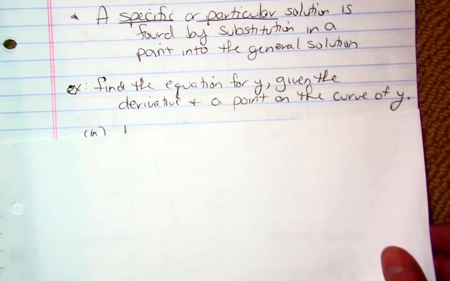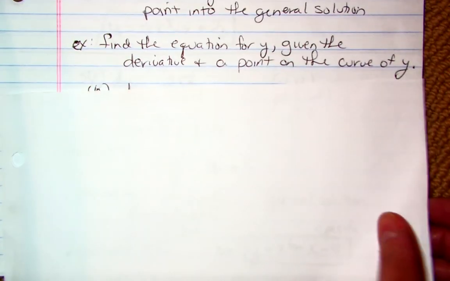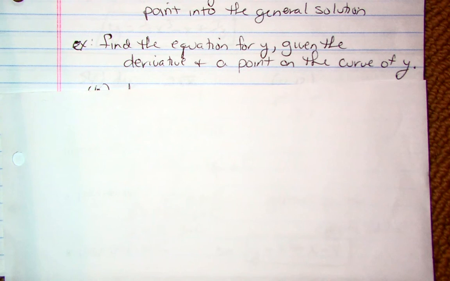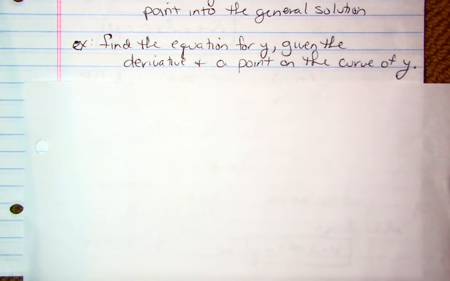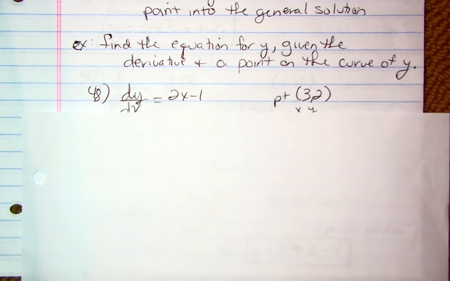So here is an example. I'm going to go ahead and scoot this up. Find the equation for y given by the derivative and a point on the curve of y. So number 48. I'm actually doing one of your homework problems because your homework is 47 through 65 all.